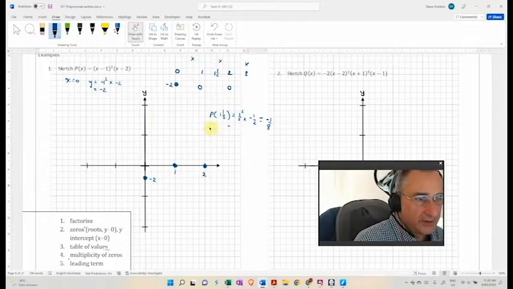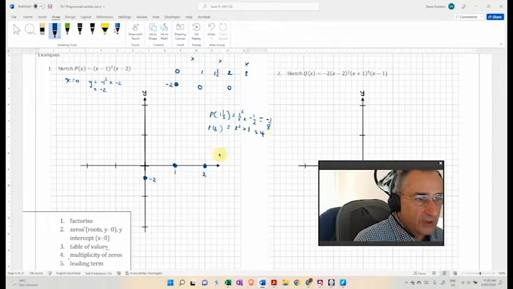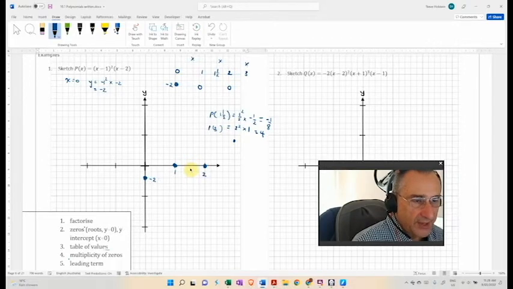And P of 3 equals 3 minus 1 squared, which is 2 squared times 1 equals 4. So P of 3 equals 4, and P of 1.5 is minus an eighth.